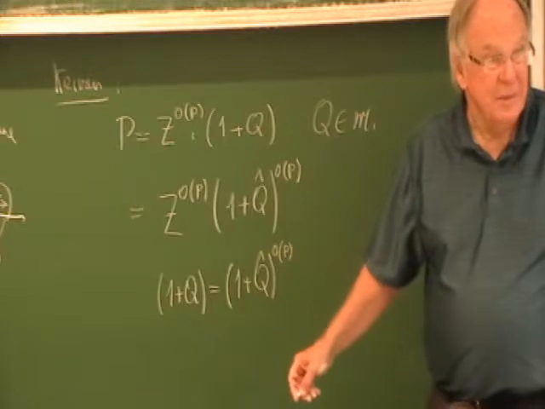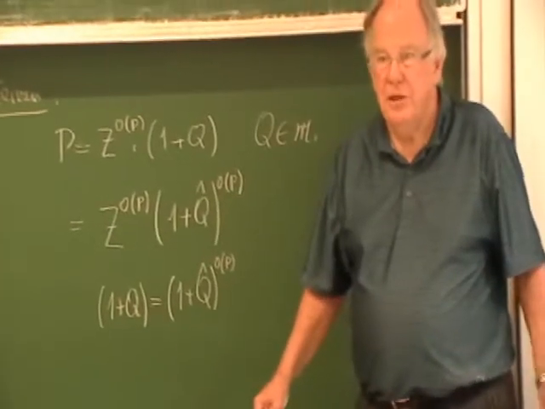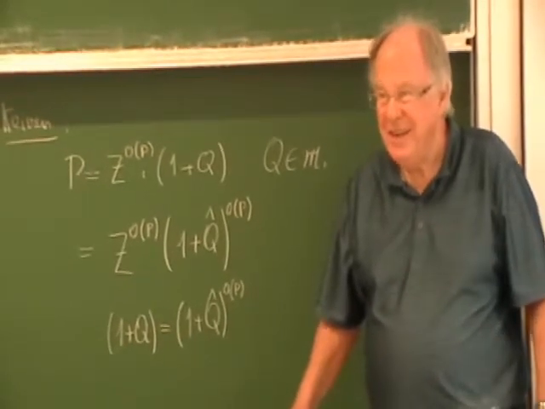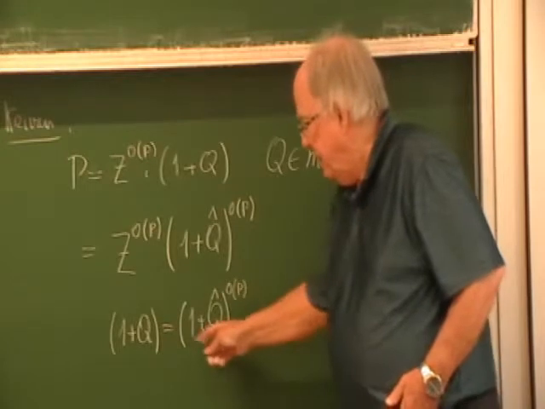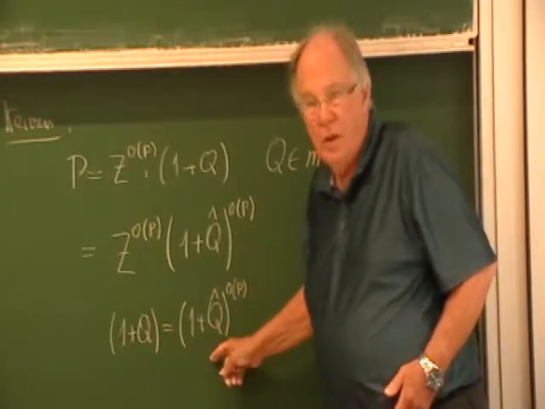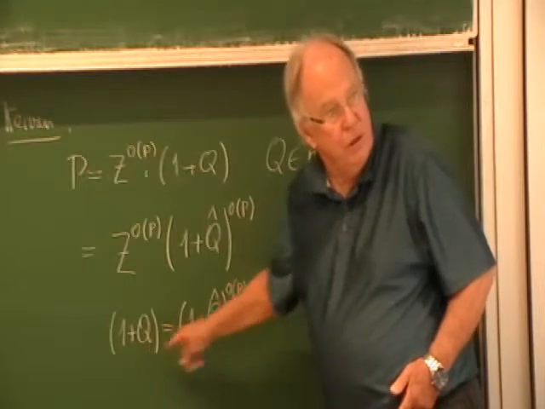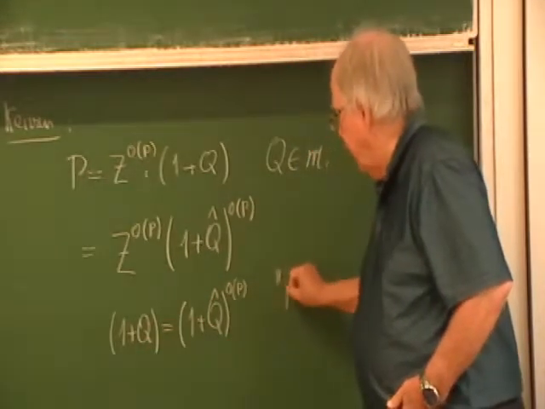Okay? Now, you pay your money, life is capitalistic. You pay your money and take your choice, how you do that. You can write down these things with power series, and you write down the recursion formula. You're trying to find Q hat. So this thing is called finding a root.